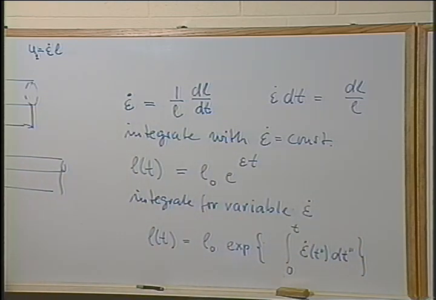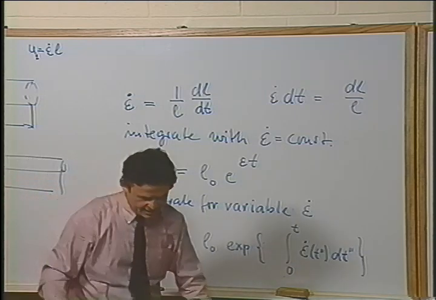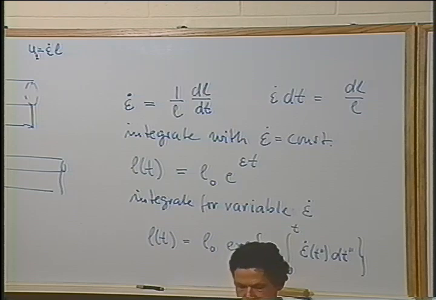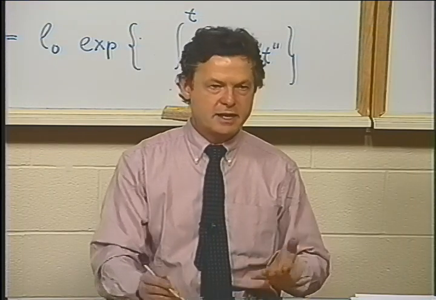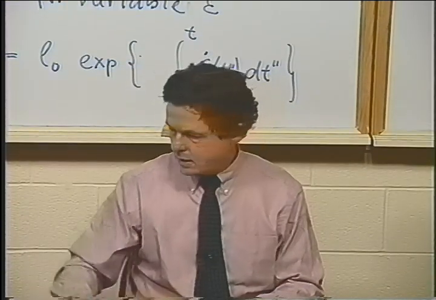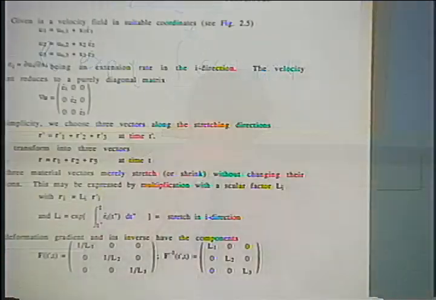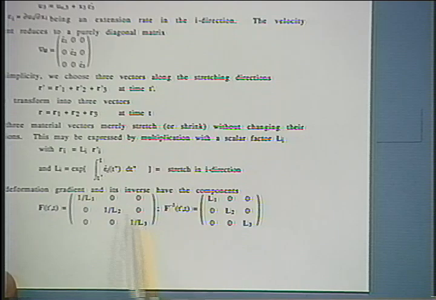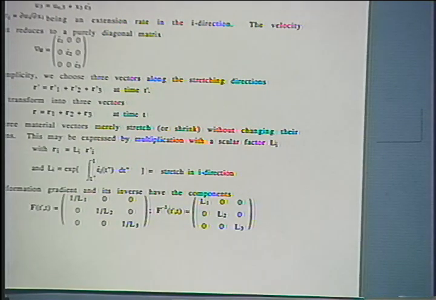We would do this for the example I have here. We would do that in one direction, two direction, and three direction, and that would give then the formula here for the stretch. And now with the formula for the stretch, the L1, L2, L3, which we calculated here, we can calculate F. It's just 1 over L1, 1 over L2, 1 over L3 on the diagonal, and no off-diagonal terms, because we don't change any angle.